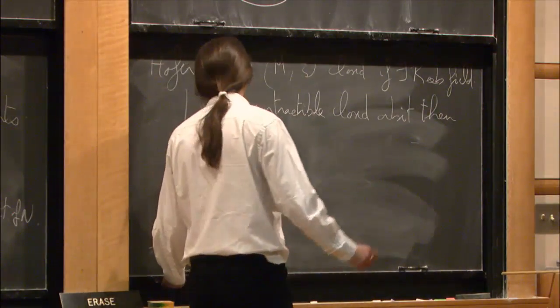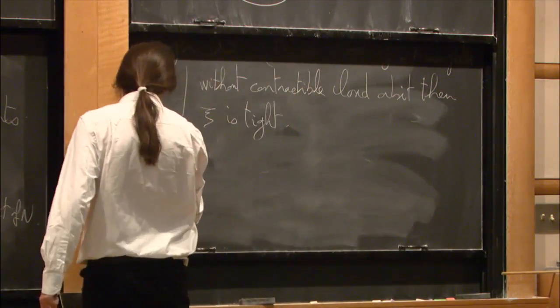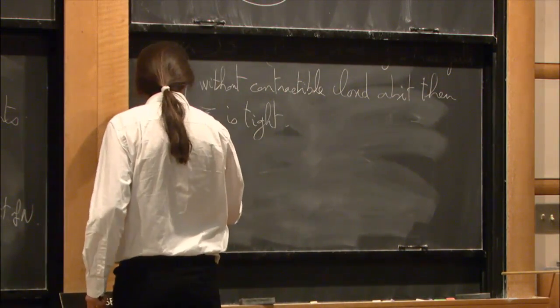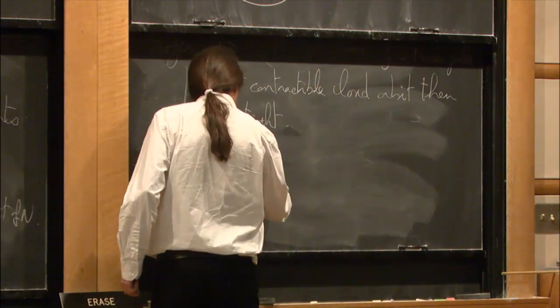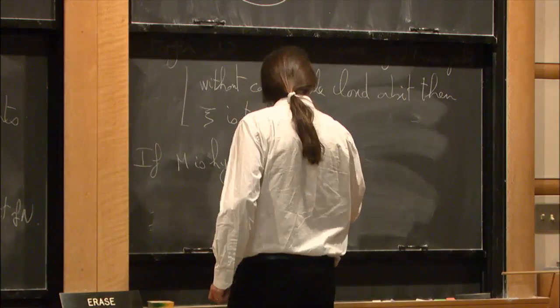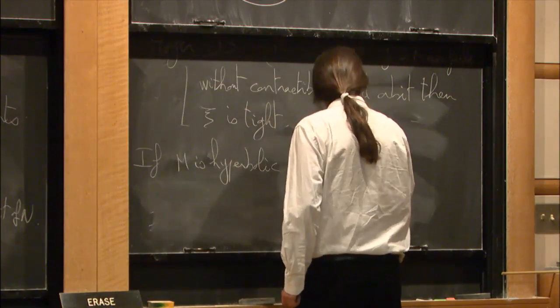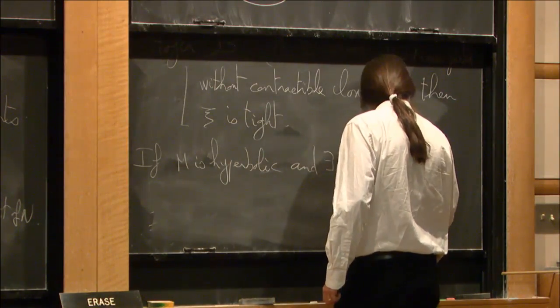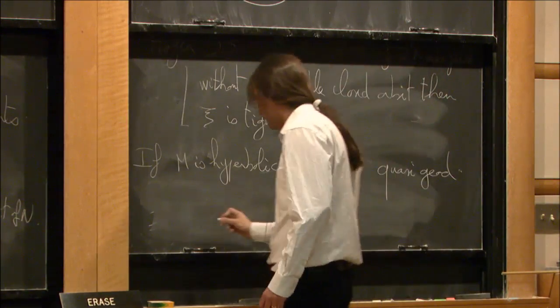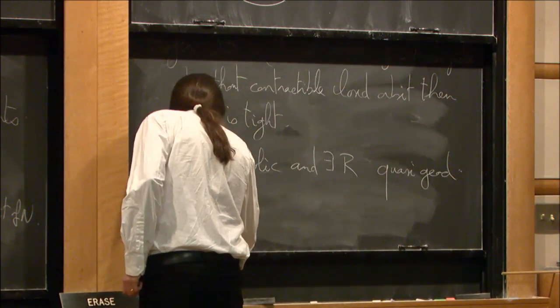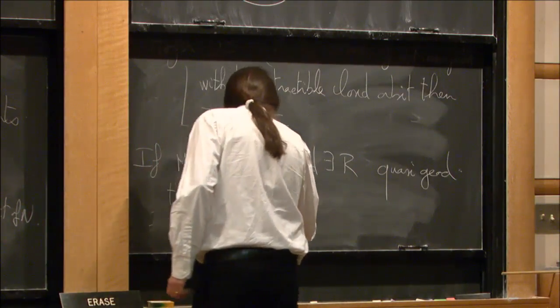So in particular, if M is hyperbolic, and there is a Reeb vector field which is quasi-geodesic, then psi is tight. Psi is universally tight.